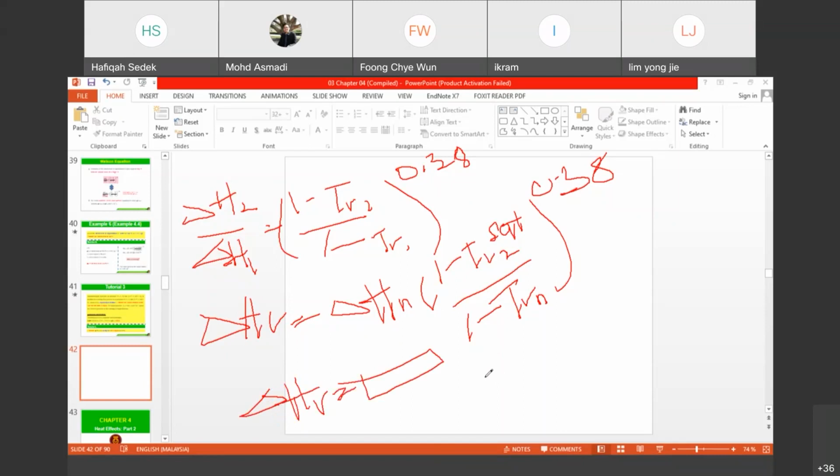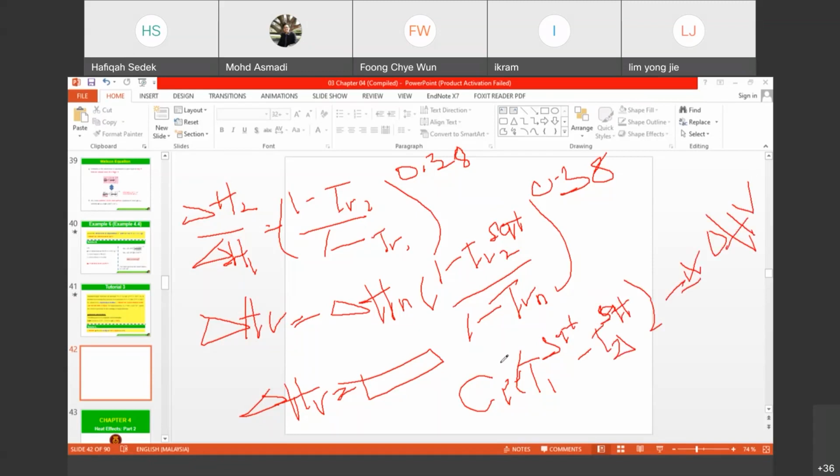So from the equation with Cp, from the information given, T1 saturated minus T2 saturated, equal to X delta H vaporization.